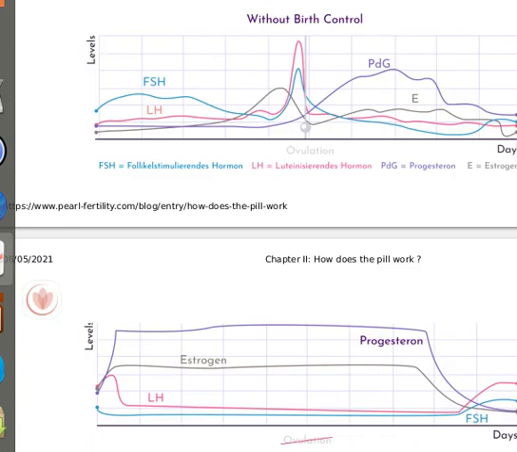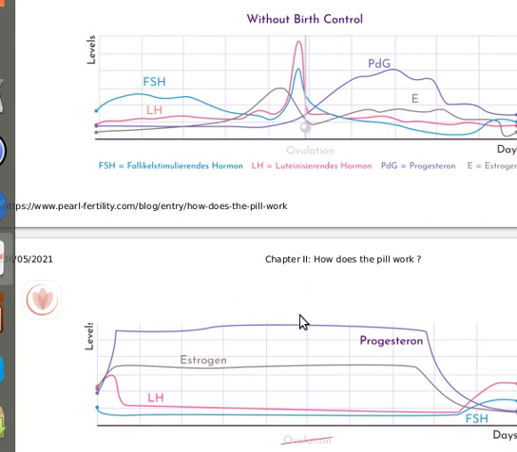And now, what about if you take the pill? You know, there is also that. So let's see. Without birth control, you remember we have LH rising, we have the ovulation here, and then we maintain the lining of the uterus here with progesterone and estrogen.